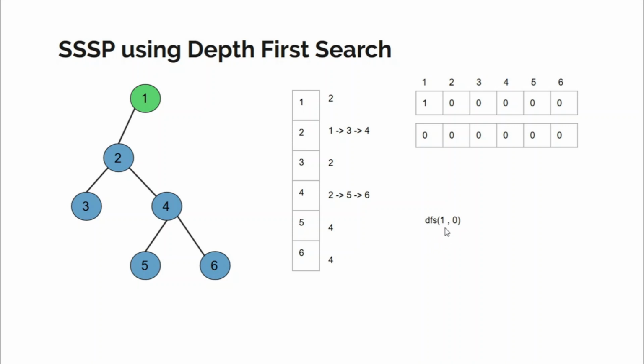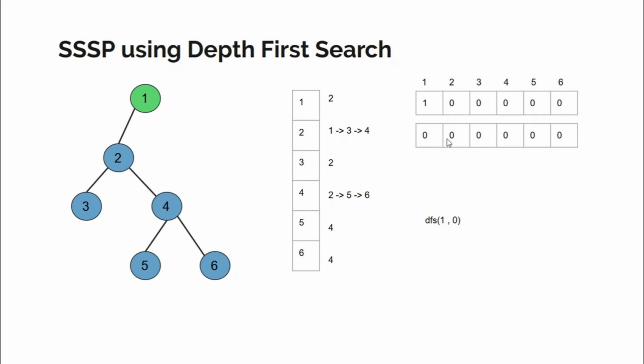Node 1, since it is the source vertex, is at distance 0 from itself. That is why we make a DFS call to 1 and pass its distance from the source vertex, 0.